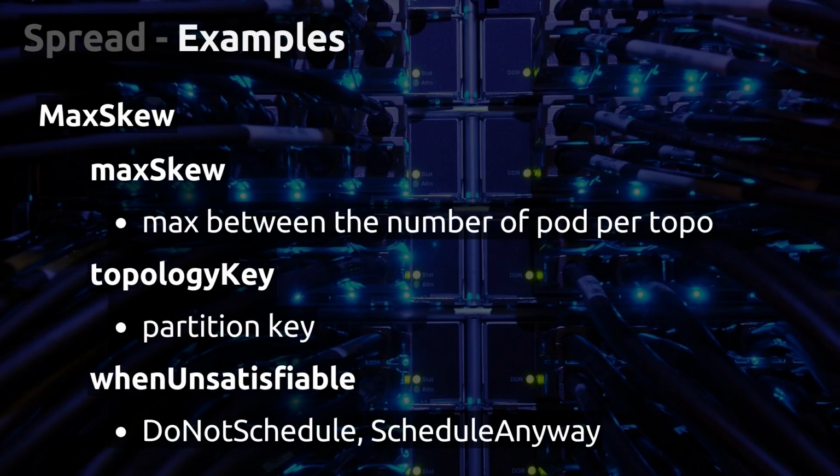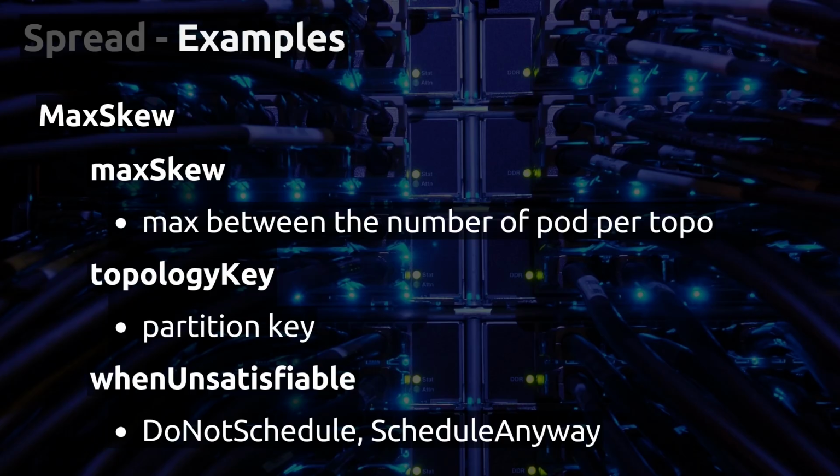After that, you have, of course, the topology key. When we say we want to determine the number of pods between topologies, it means that we need to set the topology key: hostname, the zone, or whatever. And then there is whenUnsatisfiable, meaning what the scheduler needs to do.